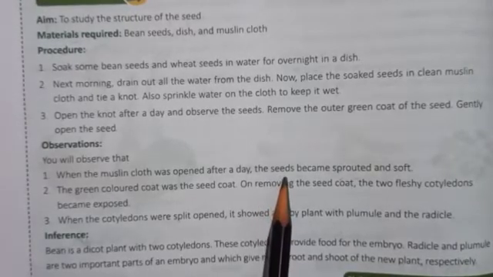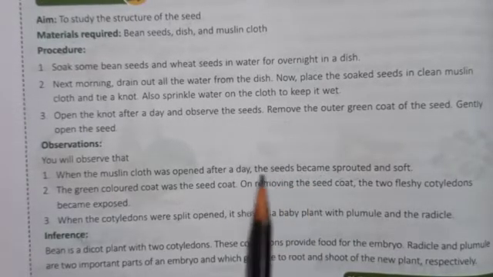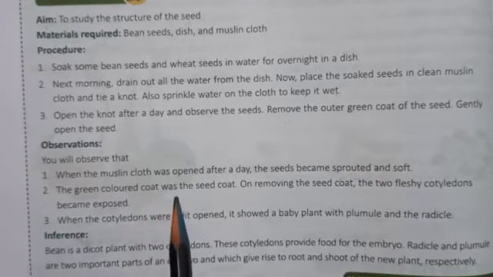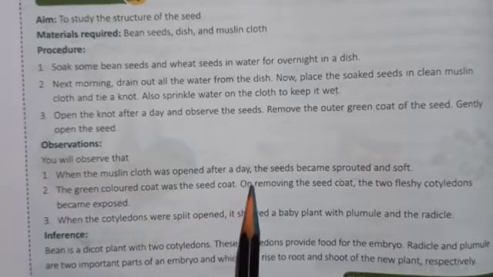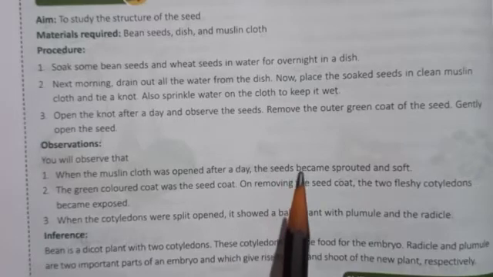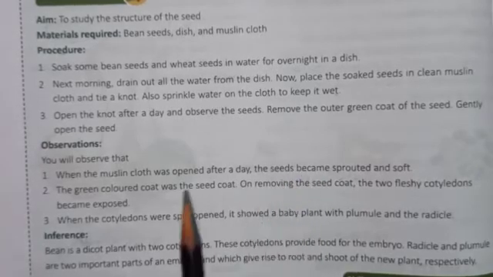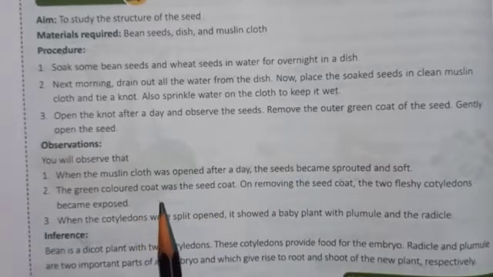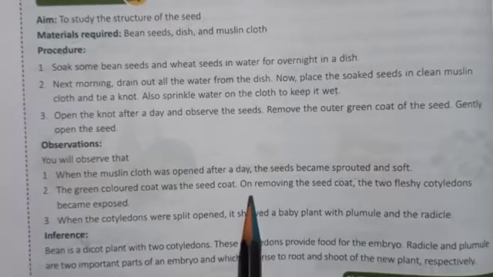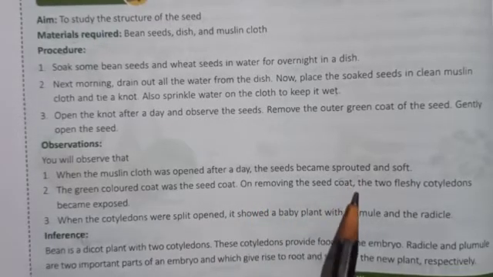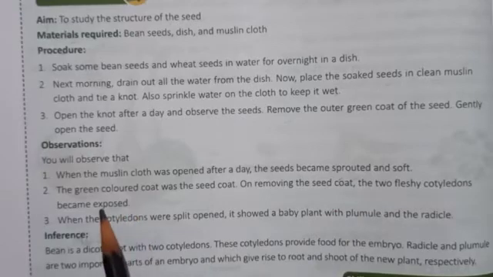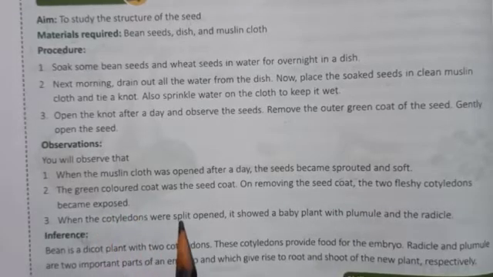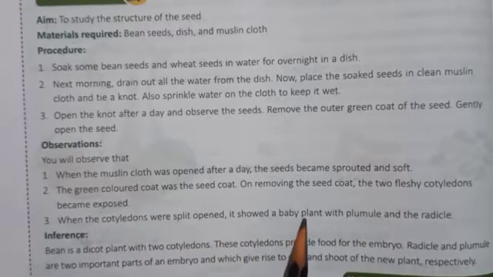You will observe sprouts over the seeds, and the green colored coat is the seed coat, the outer covering of the seed. On removing the seed coat you will see 2 fleshy cotyledons inside it. When the cotyledons were split open, they showed a baby plant.